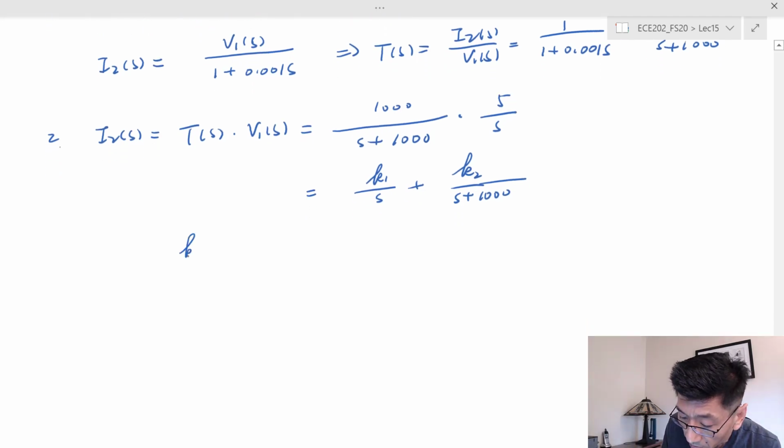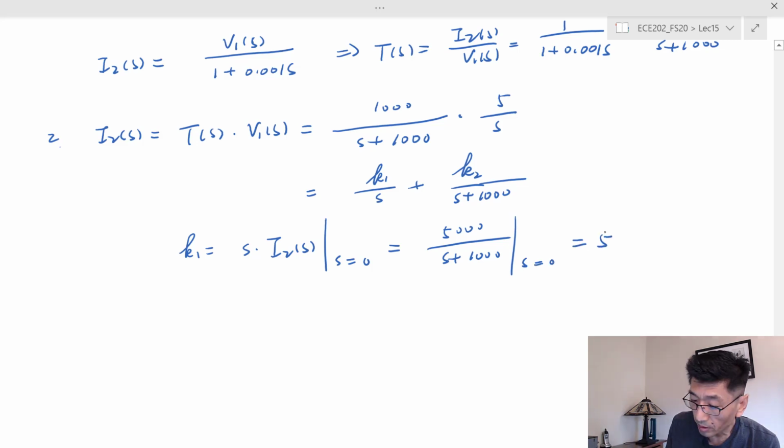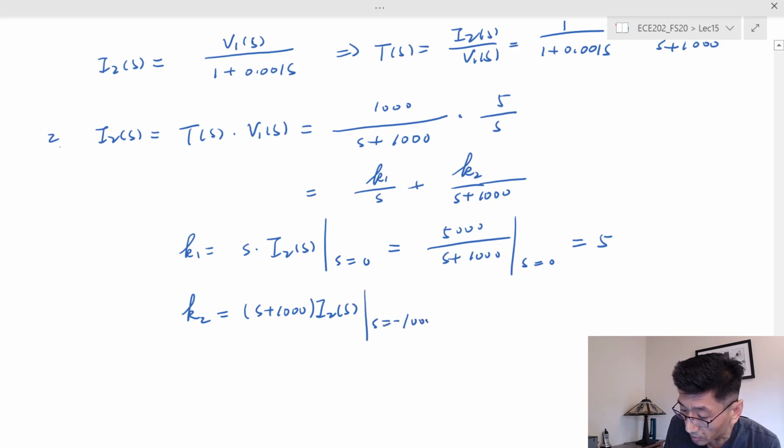So K1 is equal to s times I2(s), evaluated at this pole. In this case, we get 5000 over s plus 1000, evaluated at s equal to 0, so this is equal to 5. And K2 should be equal to -5: s plus 1000 times I2(s) at s equal to -1000, which is 5000 divided by s, right?